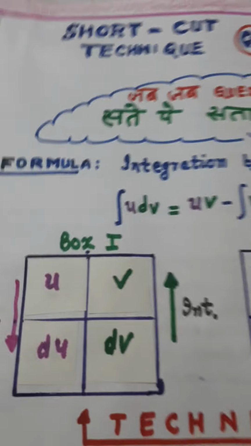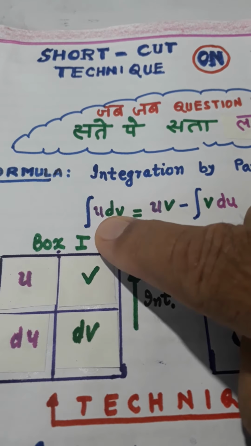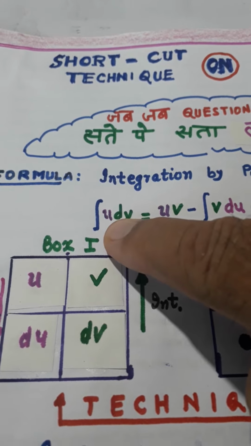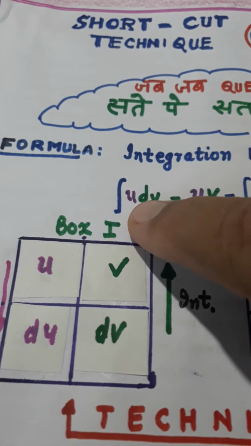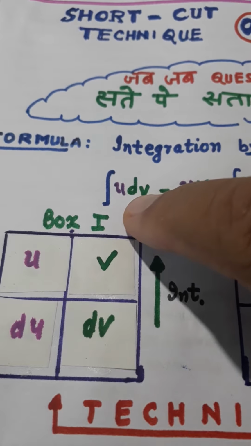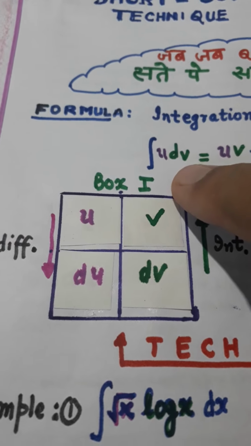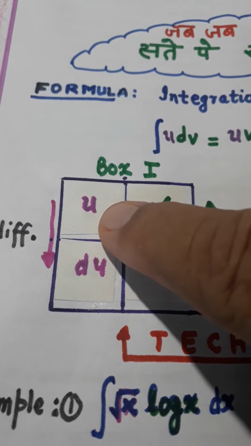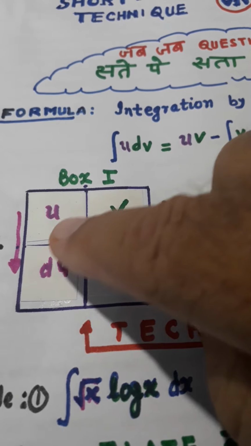Now what you have to do: you are always given a question in this shape, where one function is there and the other is the derivative. You have to write u here and dv here, diagonally.